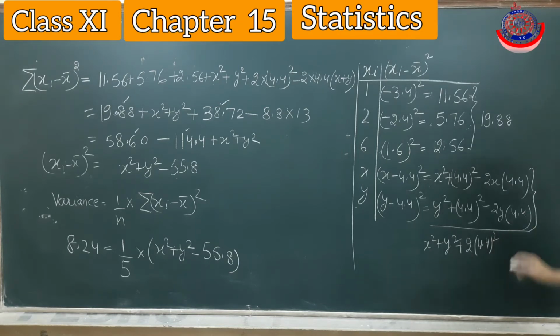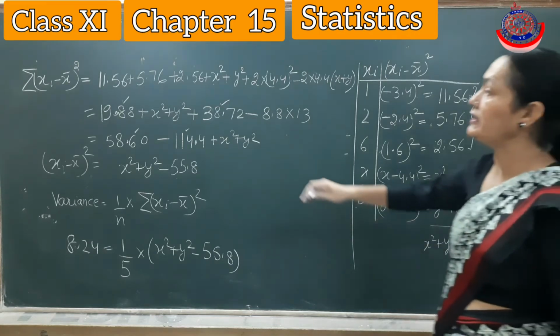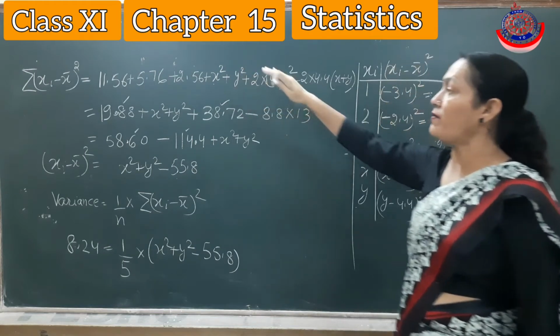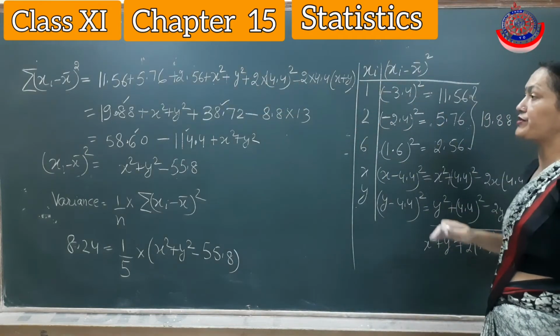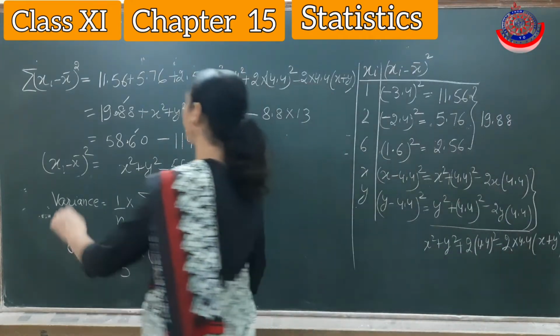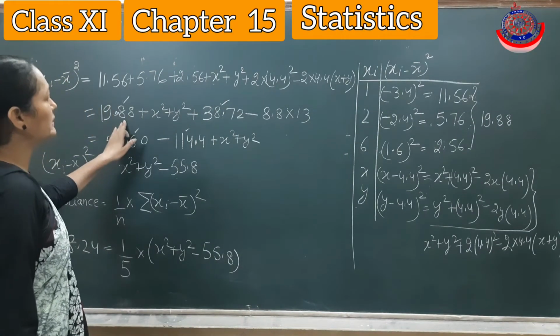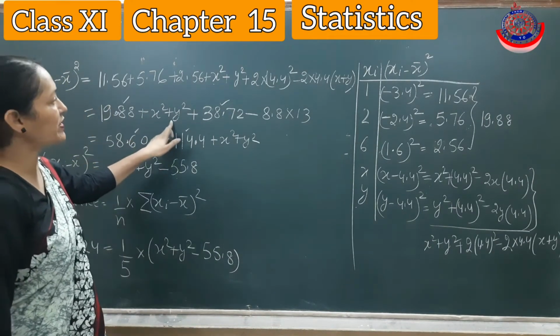From these 2 terms, you see, minus is common, 2 into 4.4 is common and we are left with x plus y. So here I have calculated the sum of squares of observations: I have obtained 19.88, then x square plus y square.